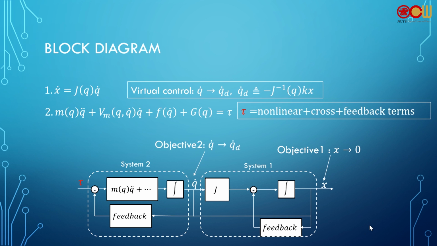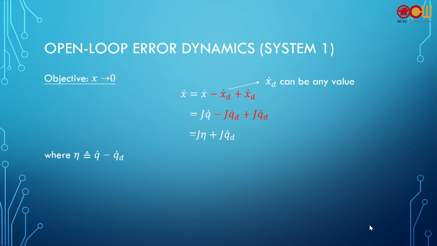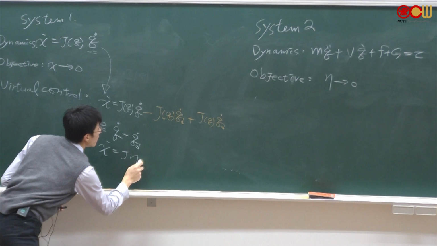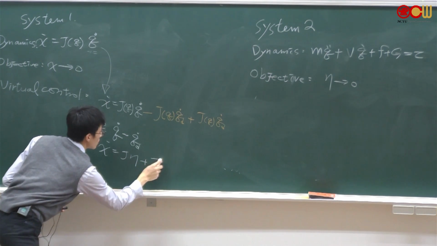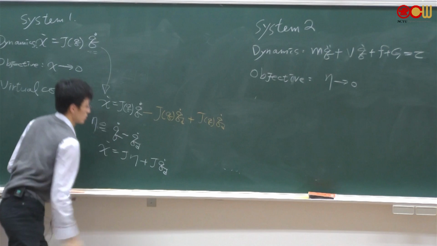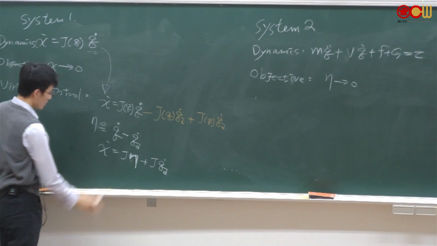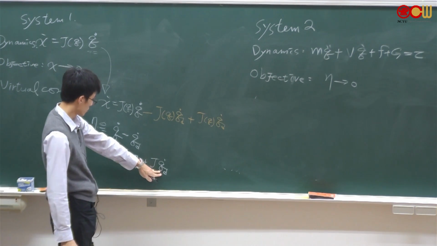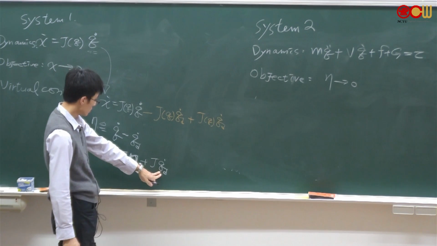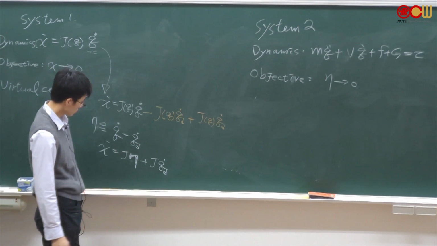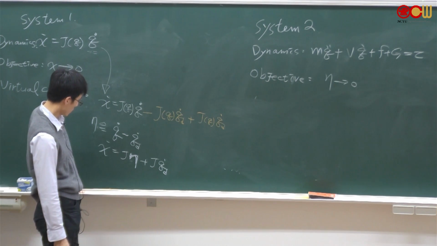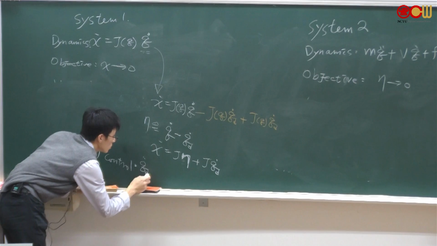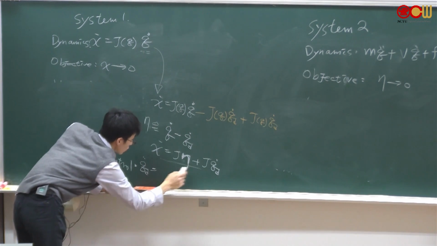So let's go back to here. Okay, this can be rewritten as plus J eta. We just leave this term, let it be, okay? And we deal with this term because this is the virtual control input. So how will you design this control? Well, you can simply do feedback control. We design the virtual control QD dot by observing this equation.